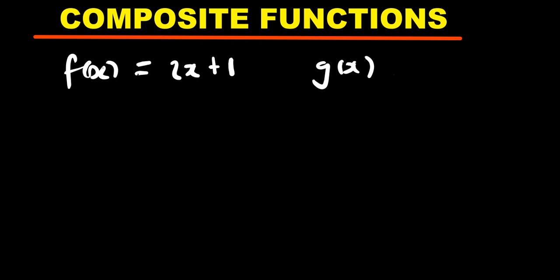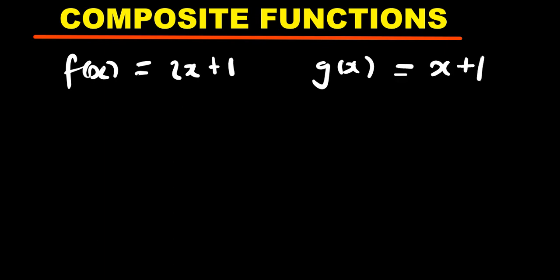Then you also have to understand what we call composite functions. Now a composite function is just a function of another function. Let's say you're given f of x is equal to 2x plus 1, and g of x is x plus 1.